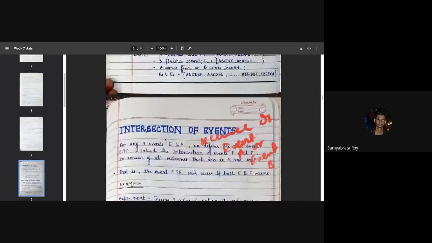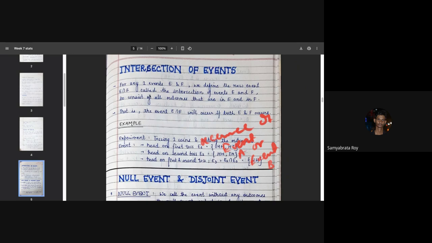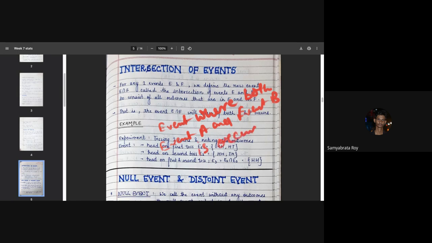Similarly, we can think of the intersection of events. Let us visualize an event where both event A and event B are occurring simultaneously.